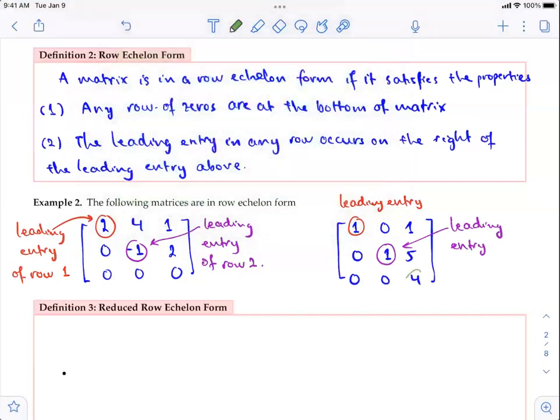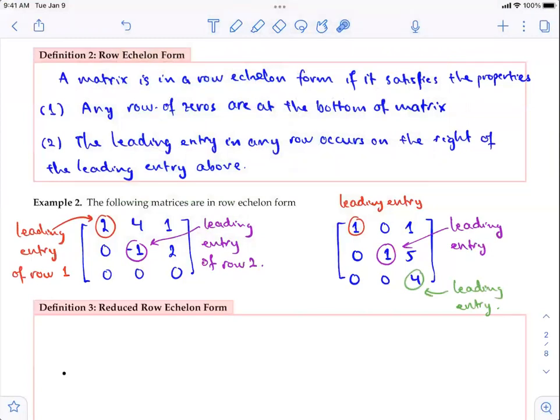And in the third row, this is also the leading entry, and it is on the right of the leading entry above it. So these two examples are matrices that are in row echelon form.